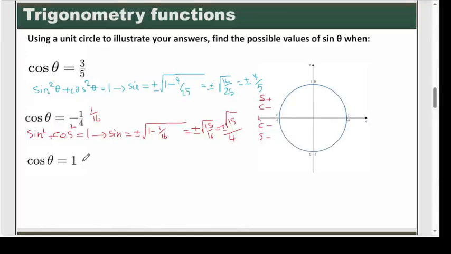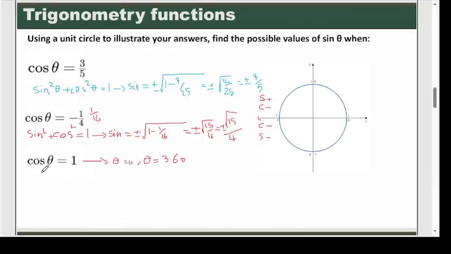Now for the last one, cosine of theta equals 1. That means on the unit circle, theta would be 0 or theta equals 360.